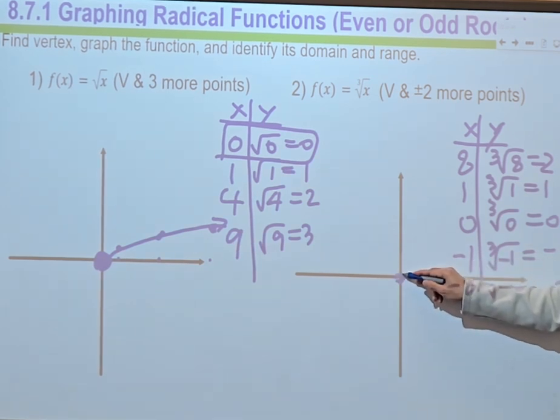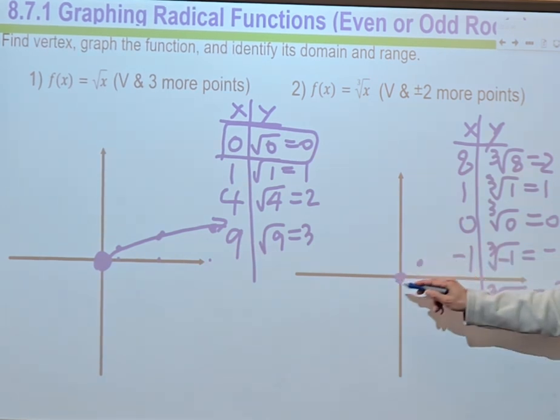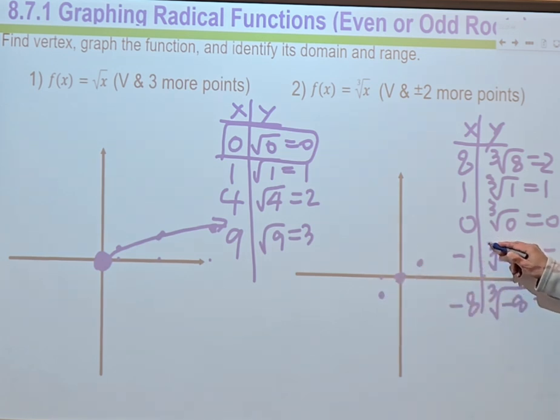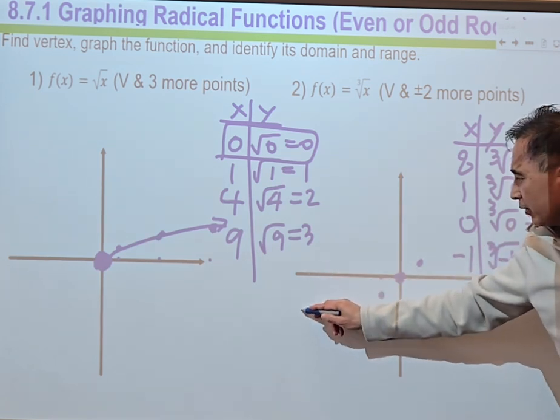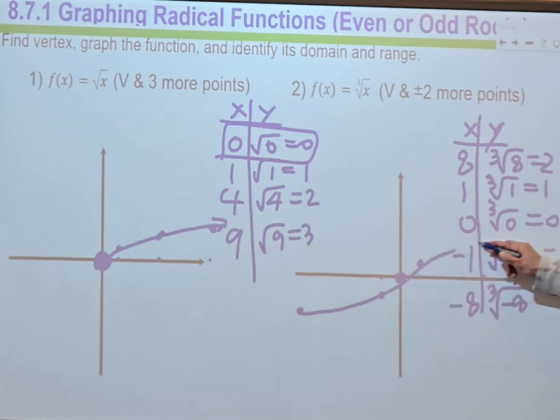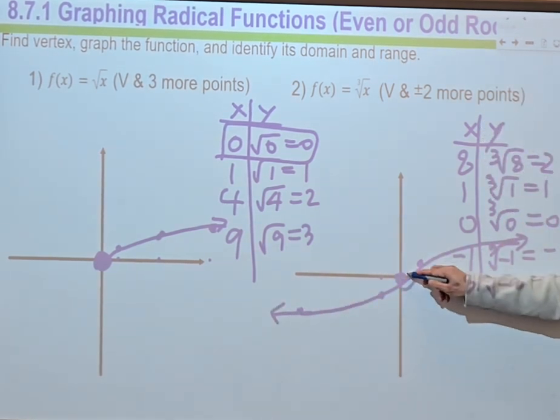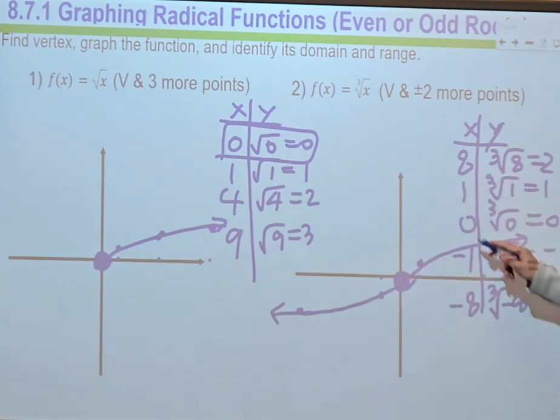So 0, 0 here, 1, 1 here, negative 1, negative 1 here, and 8, 2, and negative 8, negative 2. So the graph is like this, right? So the cube root all the time has the vertex in the middle, and then goes that way and that way. Everybody got it?